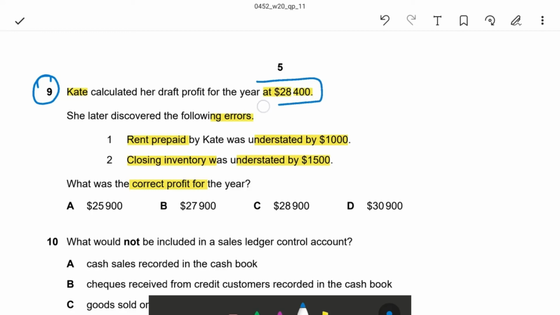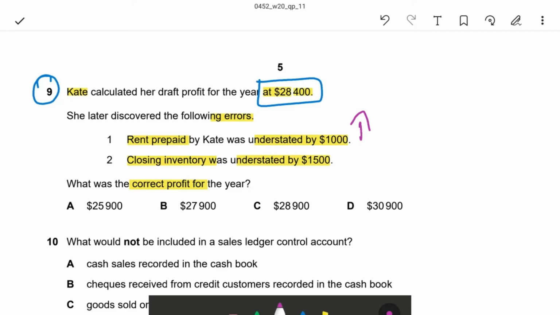But rent prepaid was understated by 1,000. Rent prepaid decreases the expense, so 1,000 was not deducted from the expense. When the prepaid is understated, the expense must be overstated.